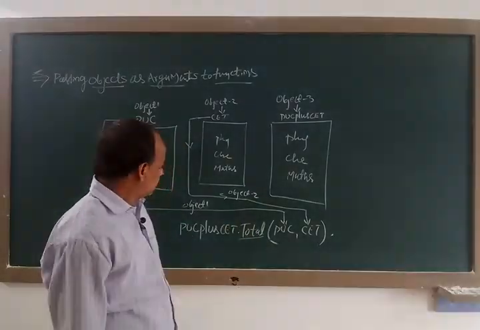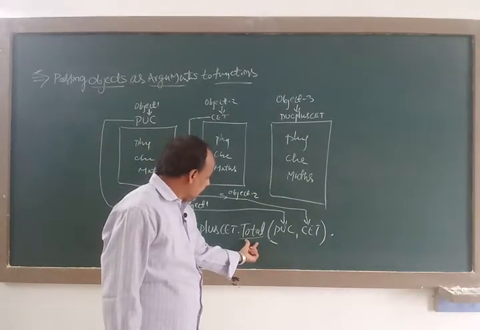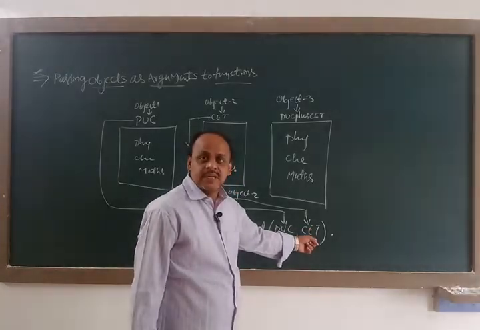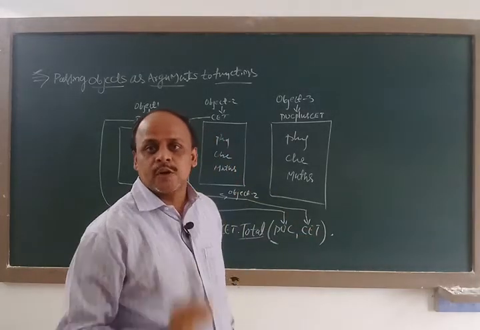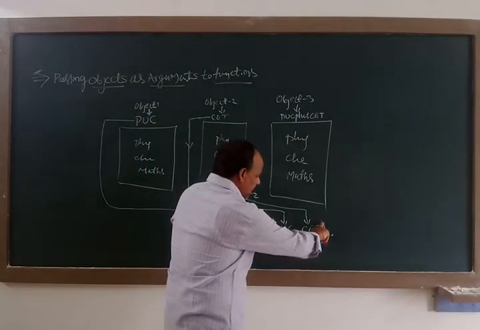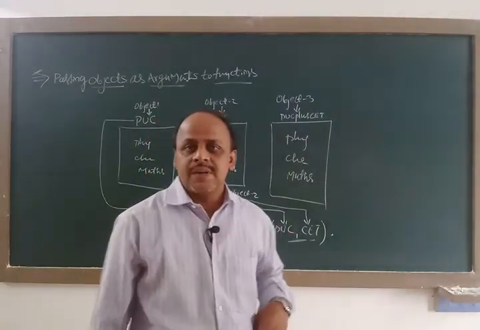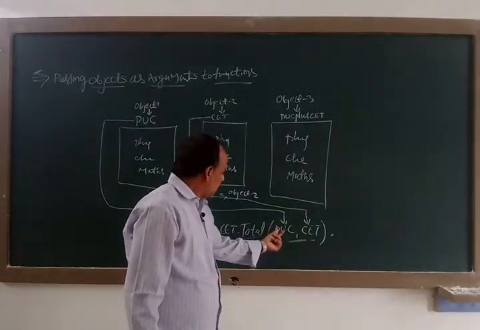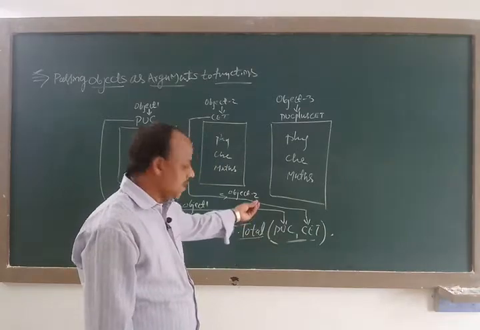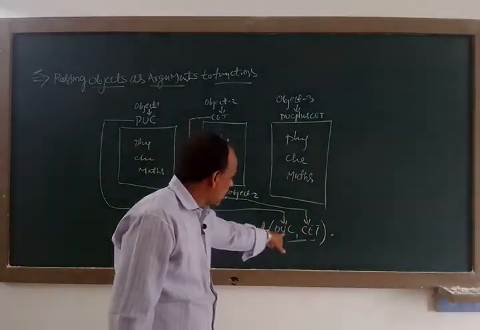Now what is going on? Total is a function. It contains object PUC and object CET in the place of arguments, right? In the place of arguments means within the open and closed brackets, what will be there are called arguments or parameters. So we are using here PUC as well as CET. These are the objects. Now we are going to use these objects as function arguments.